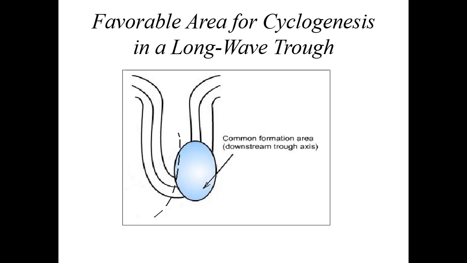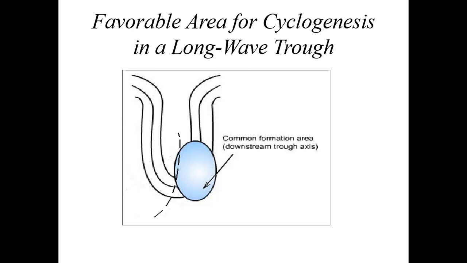Now, in the jet stream map, you have what's known as long waves. They're relatively stable waves, and they're very large amplitude waves. That's generally the axis of the jet stream. If you look at the blue shaded area here on the graphic, this is the common formation area, which is typically downstream of the trough axis. If you look at the black dashed line, that's the long wave trough axis.